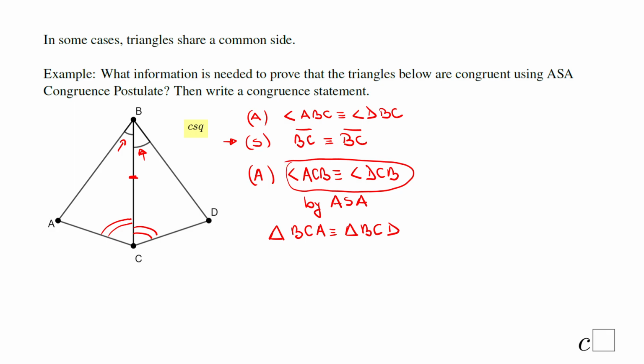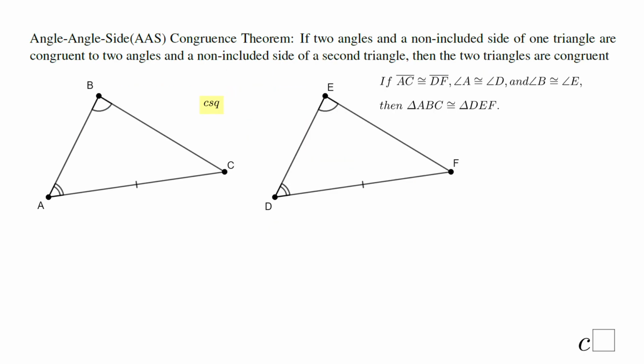Okay, so let's move now to another way to prove triangles are congruent, and this is the last way. Angle angle side congruence theorem, or the short way we say AAS. Okay, and you notice in this picture what we have?